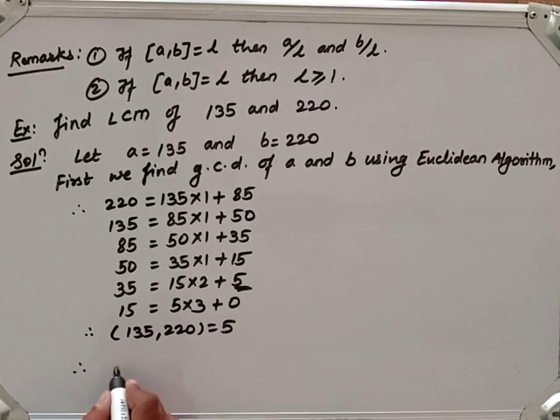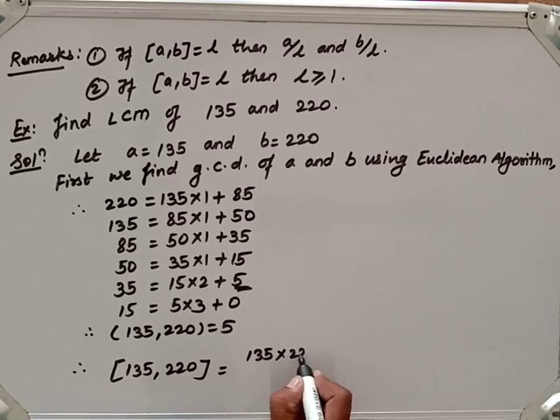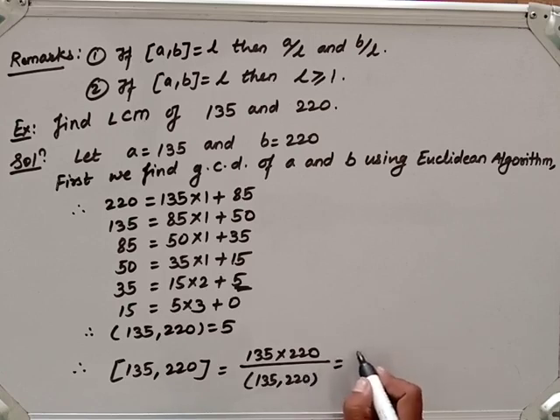Therefore the GCD of 135 and 220 is 5. Therefore the LCM of 135 and 220 is the product of these two integers, already these are positive. If they are not positive, we will take mod of them, upon their GCD. Let me write that form first. The GCD of 135 and 220. So this product is 29700 upon 5.